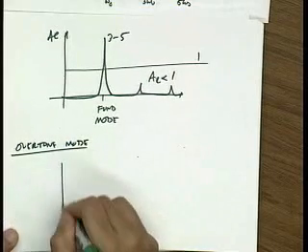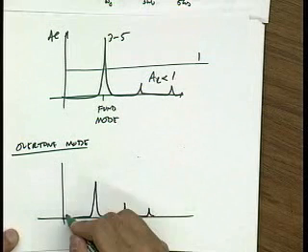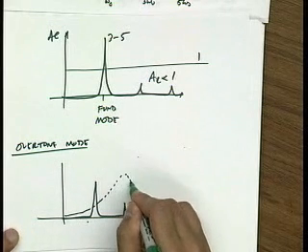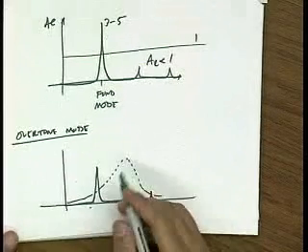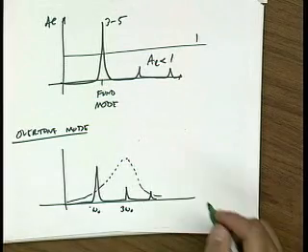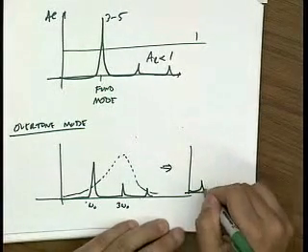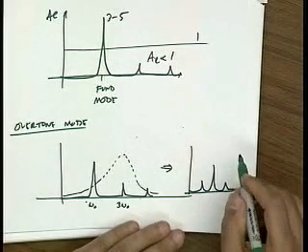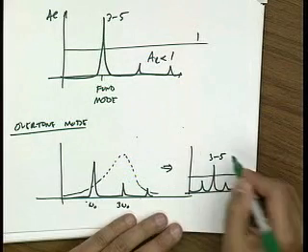What you would do is you would take, again, that very selective response and now center your tank around, let's say, 3 omega naught. And so when you multiply this out, what you get is something that looks like this, where now this is 1 and this is something like 3 to 5.